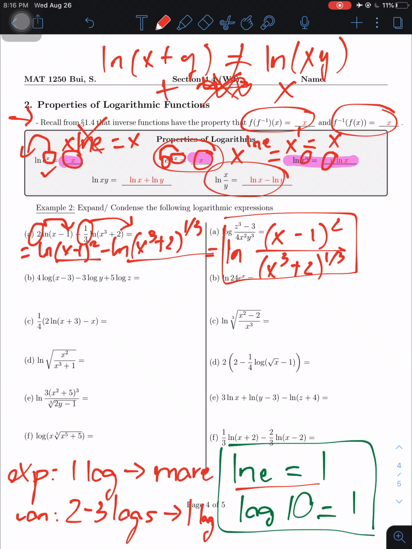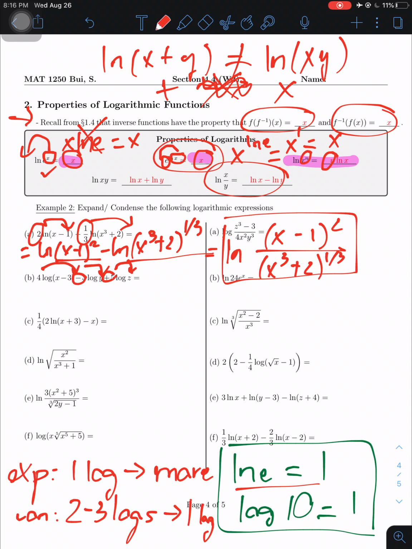Now, with part B, with a similar logic, the 4 in here will be the power for x minus 3, the 3 in here will be the power for y, and then the 5 in here will be the power for z. And we have subtraction in here, we have addition in here.